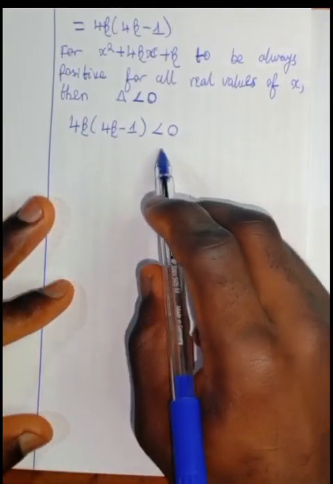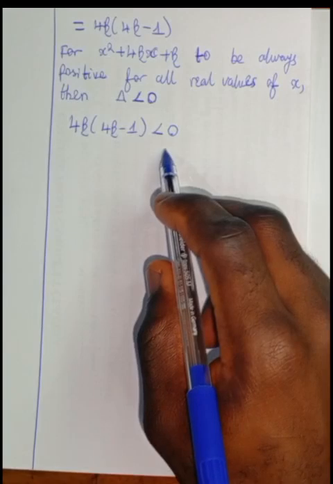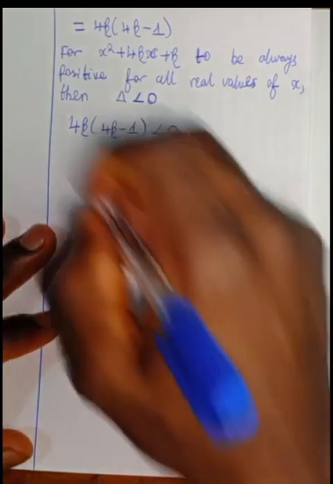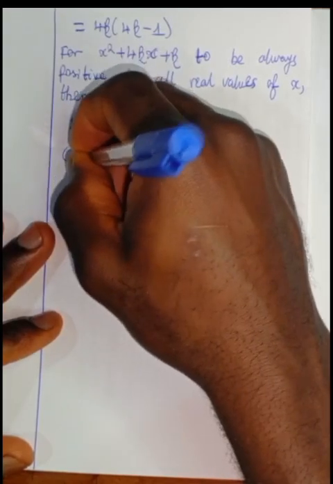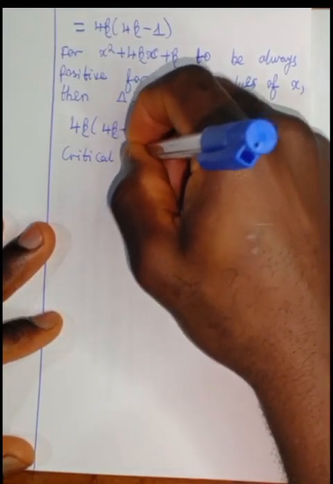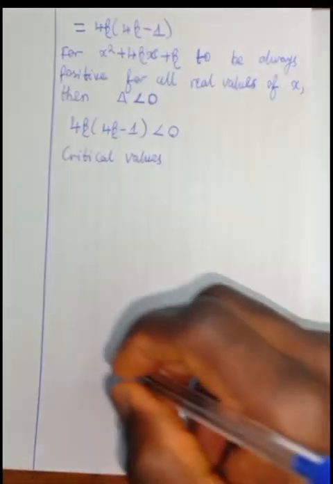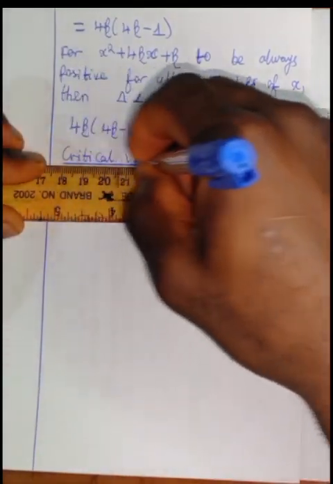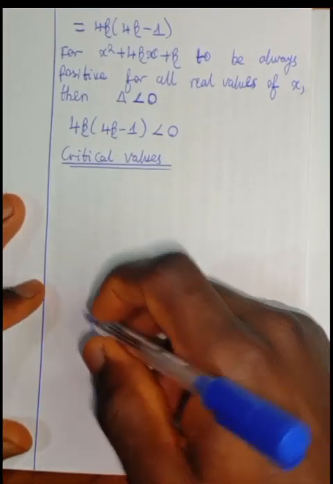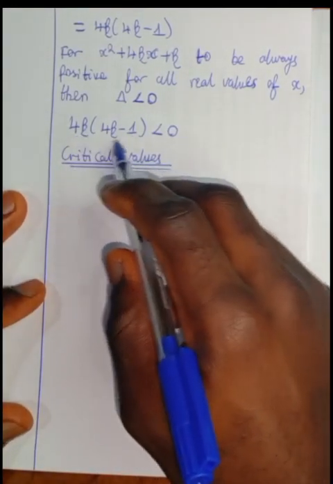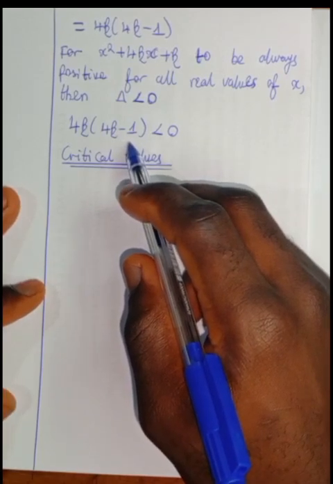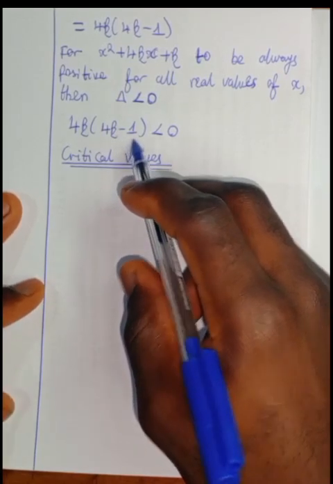And this is a quadratic inequality which we can solve. But the first thing, we need to find the critical values. When we talk of the critical values, we are simply referring to those values that, when we replace beta with them in this inequality, we obtain a result which is not true, something which is contradictory.